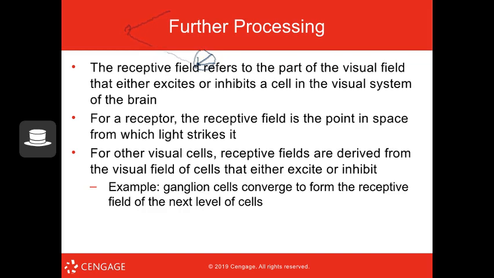For other cells, receptive fields are derived from the visual field of cells that either excite or inhibit, right? So, for example, your ganglion cells converge to form the receptive field for the next level of cells.